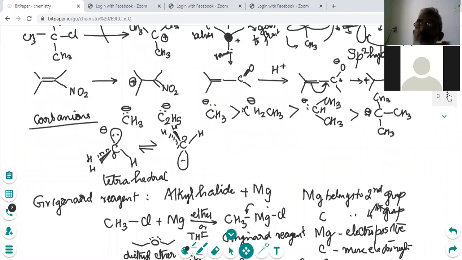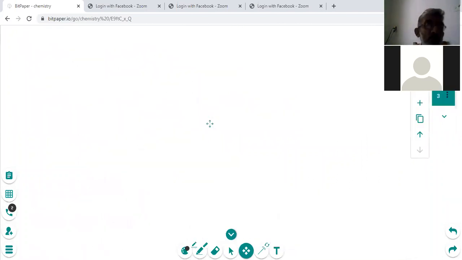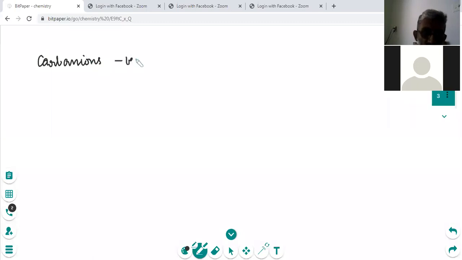I'll take the next page, that is better. Carbanions: negatively charged carbon species.